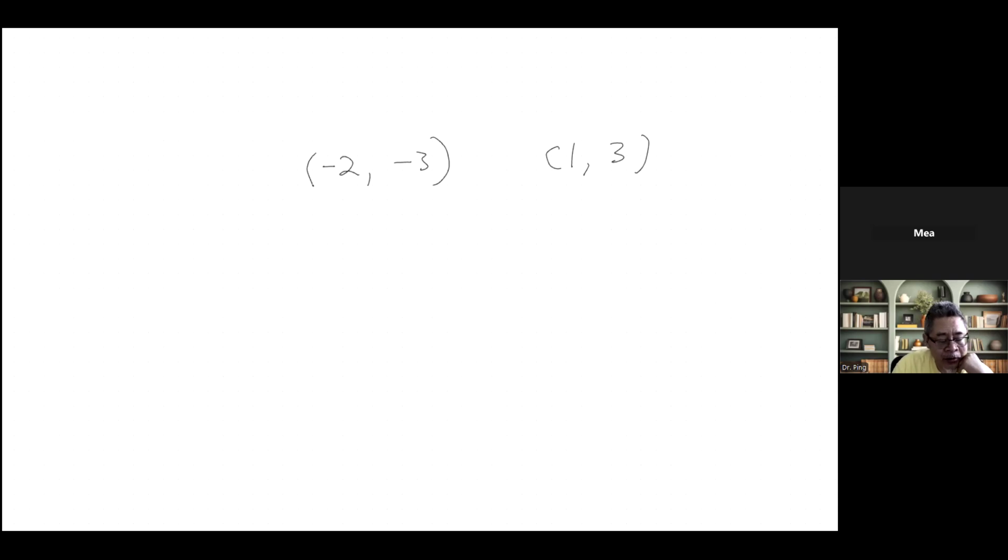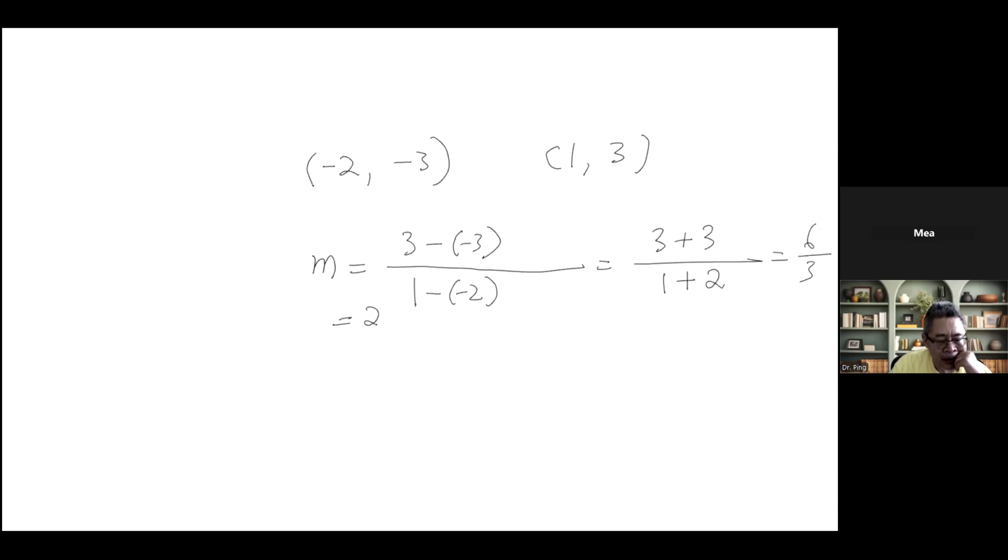Make sure when you do the slope, the top is the difference in y. In that case, 3 minus negative 3. And the bottom is the difference in x, so 1 minus negative 2. And so therefore what you got here is 3 plus 3 over 1 plus 2, which gives us 6 over 3. That gives us 2. Okay? And so now I've found the slope. So now I just need to write out the equation.